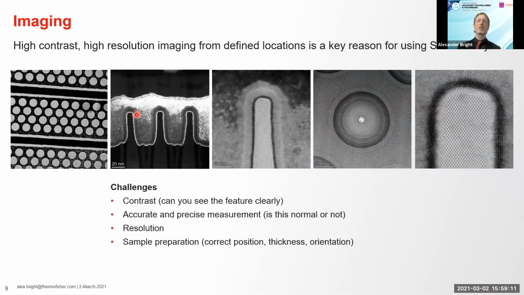Some challenges for imaging include getting sufficient contrast. So can you see the feature clearly and sharply? Accurate and precise measurement. So is this shape or size normal or not? Do we get sufficient resolution? And was the sample preparation appropriate? So are we looking at the right location? Is the thickness appropriate? And is the sample in the correct orientation?